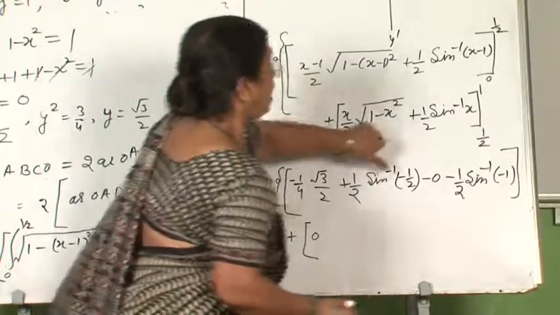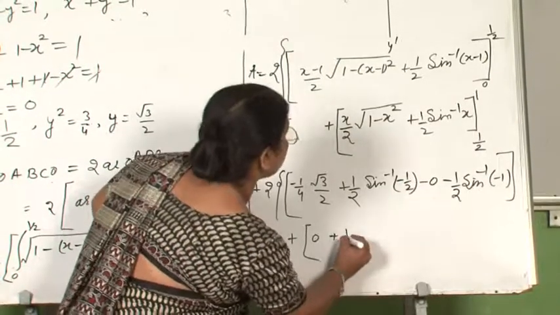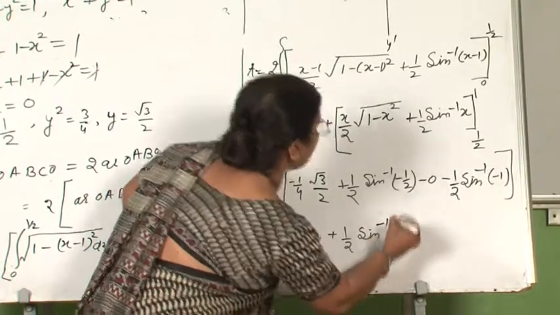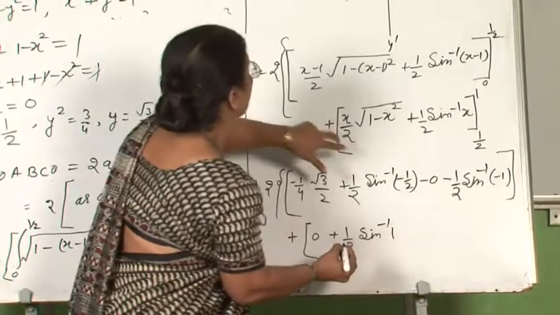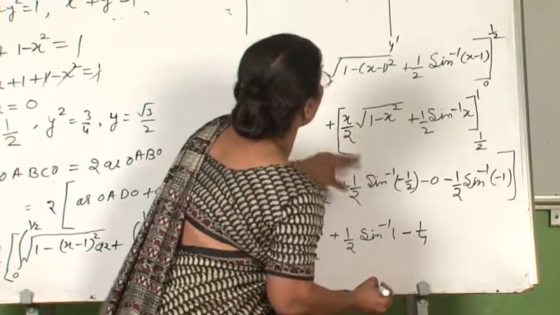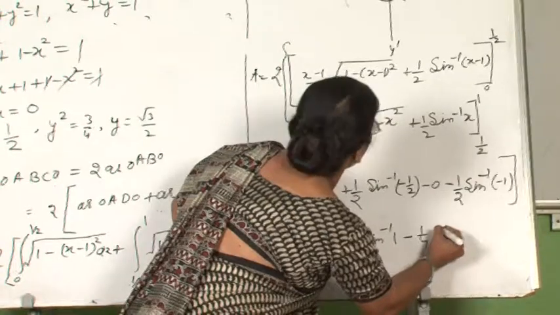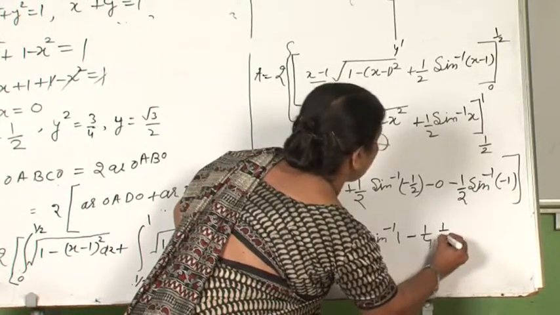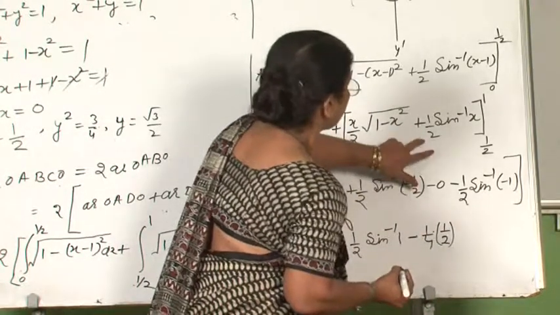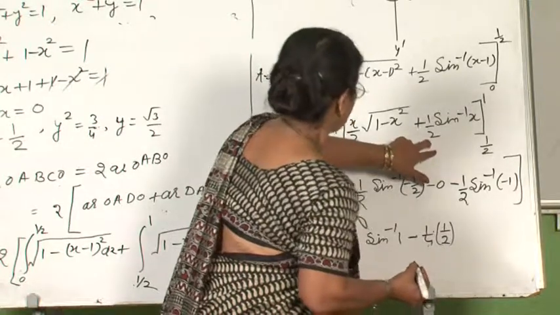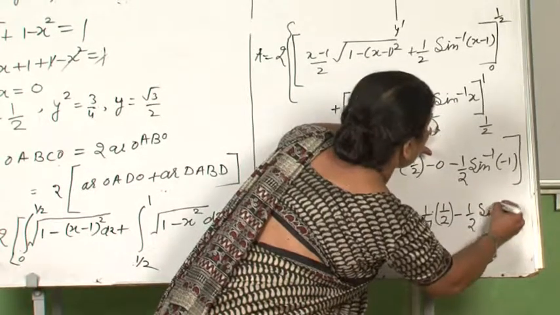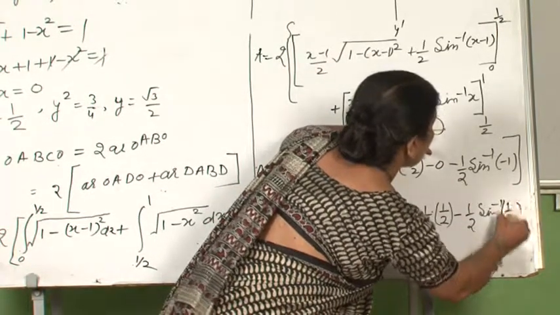The second term becomes 1 by 2 sine inverse 1, minus, when x is equal to 1 by 2, this becomes 1 by 4 times root of 1 minus 1 by 4, that is 1 by 4 times root of 3 by 4, minus 1 by 2 sine inverse 1 by 2.